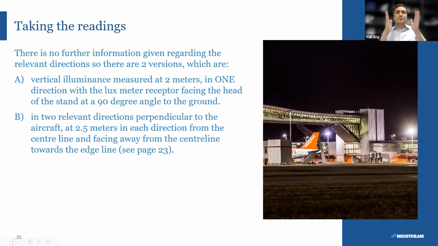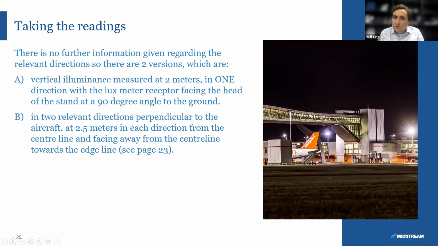If we're standing on the apron and the head of the stand is in front of us, we keep the light meter up like this towards the head of stand at 2 meters higher, compared to the previous horizontal, which is on the floor like this. So those are the 2 differences.